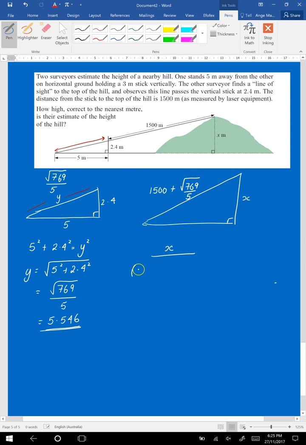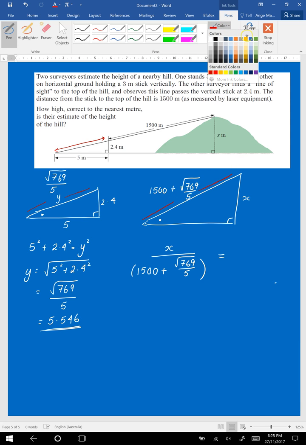The hardest part for you is going to be typing it into your calculator, which I think all of you can master quite easily. So x over that length equals, now x, we've got, this is the common angle, naughty me, I didn't put my angles in at the beginning, which I said you must always do. So we've got x over this length here. What's its corresponding side on the other triangle?